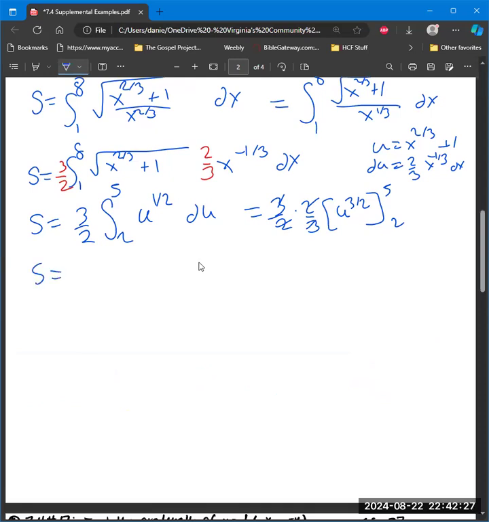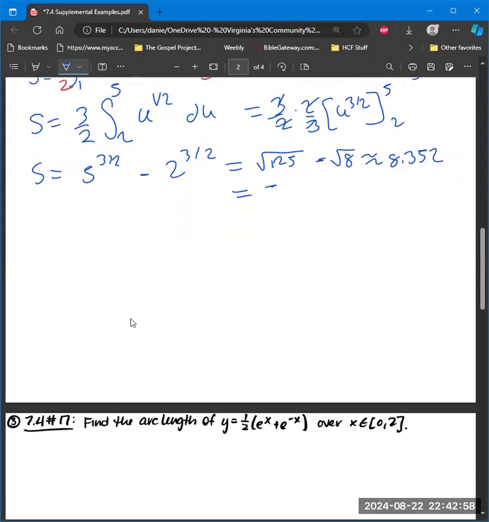This is s equals 5 to the 3/2 minus 2 to the 3/2. That's equal to the square root of 125 minus the square root of 8, which is approximately 8.352. You could also make this 5 root 5 minus 2 root 2 if you wanted to. Same approximation there.